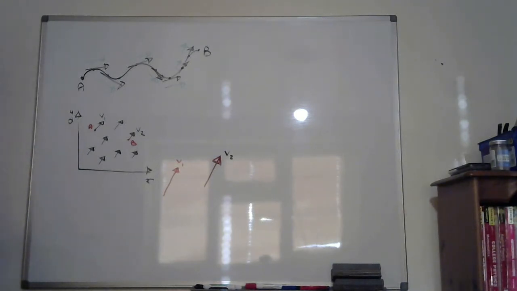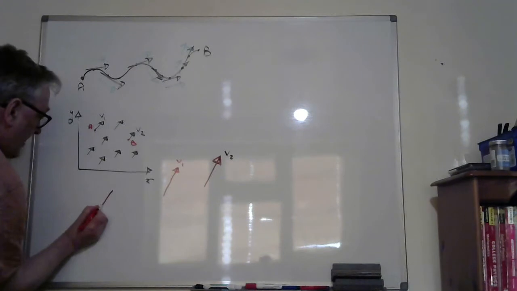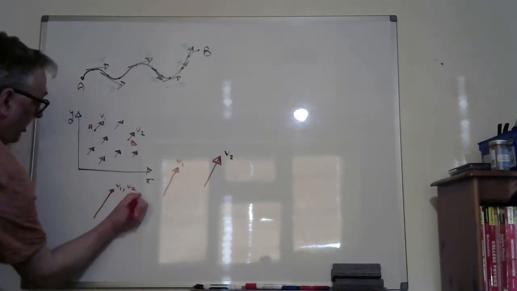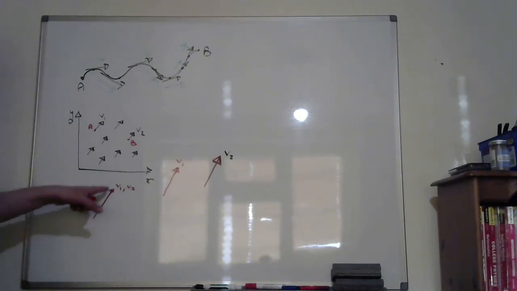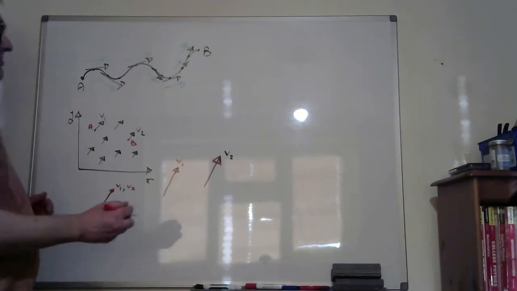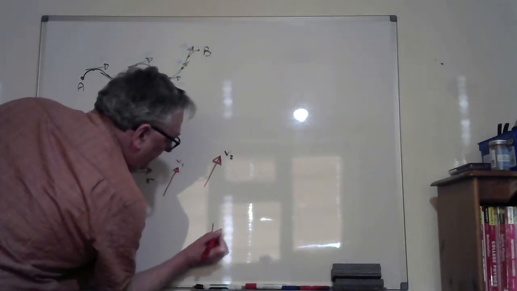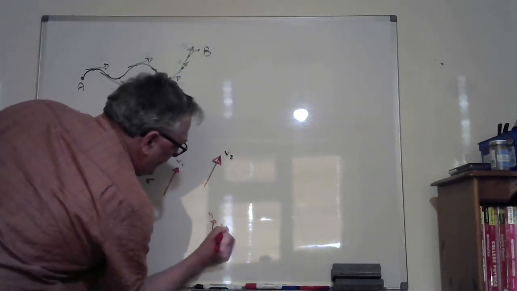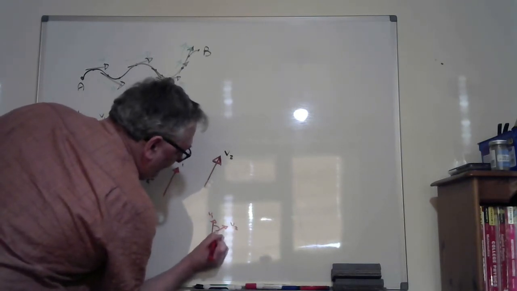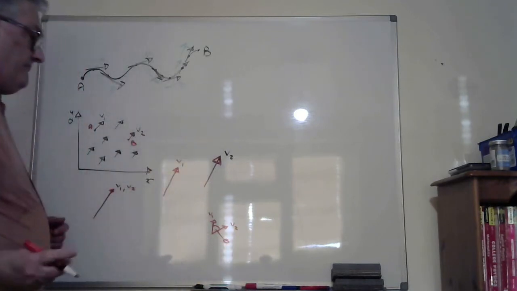And because velocity vector v1 fits onto velocity vector v2 exactly, there is no angle between either of them. They are directly over each other. So any angle, for example, if the velocity vectors had been configured like this, then you would have had an angle between them.